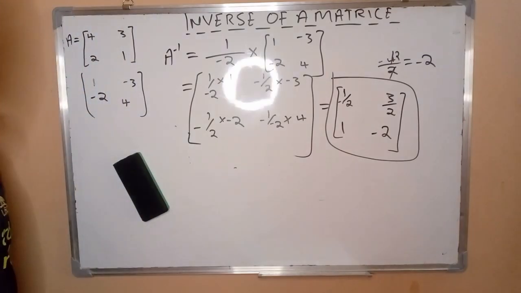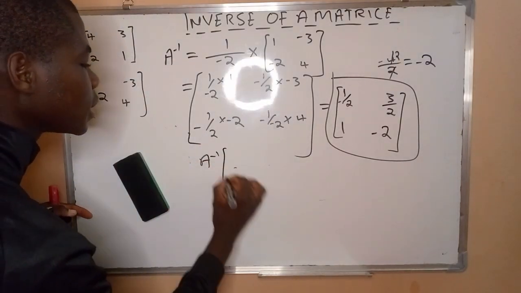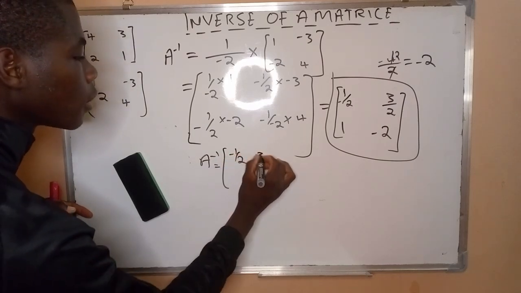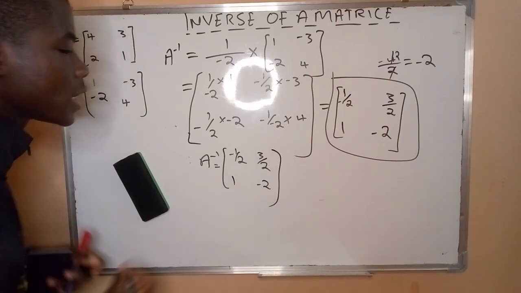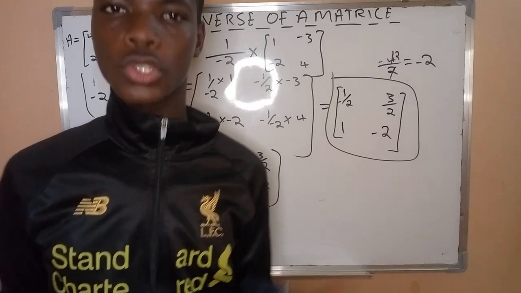So this is the inverse of this matrix. The inverse of this matrix is equal to minus 1 over 2, 3 over 2, and then 1, then minus 2. So this is the inverse of this matrix. But you have to verify whether you are right or wrong.